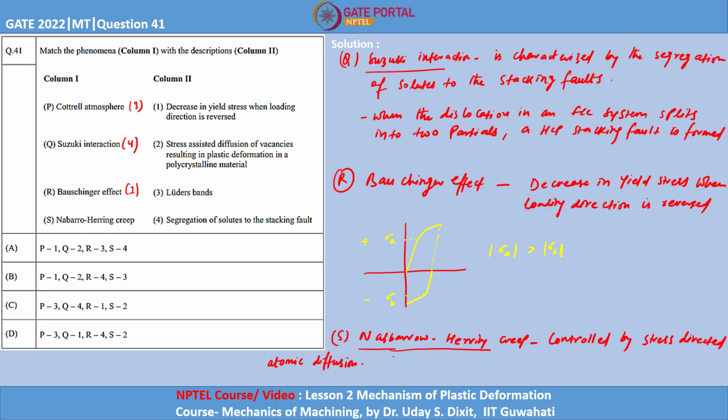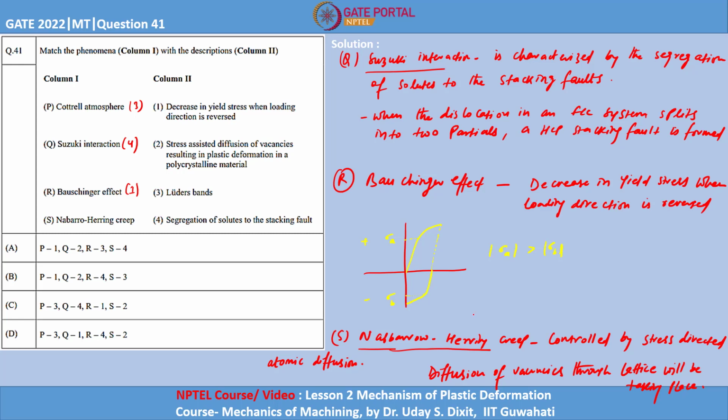In this type of creep, diffusion of vacancies through the lattice will be taking place, and that will be causing plastic deformation in that particular polycrystalline material.